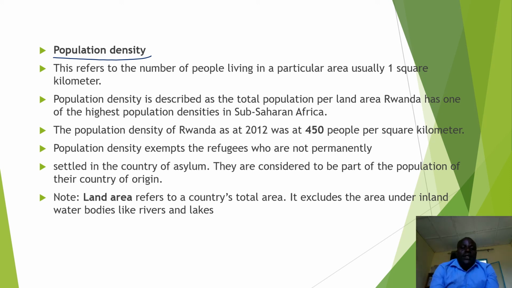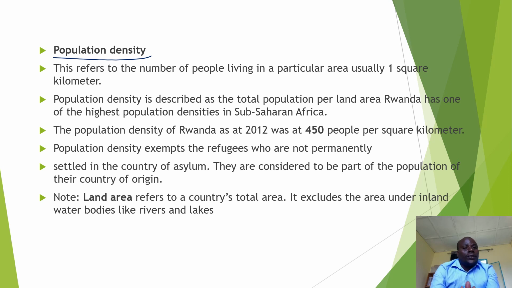How do we calculate population density? We get the total population over the total area. You get the total population, you divide it by the total area, then you get the population density. It is simple.